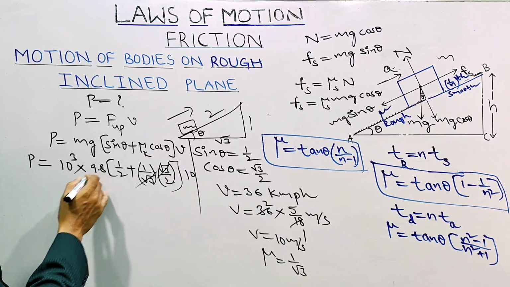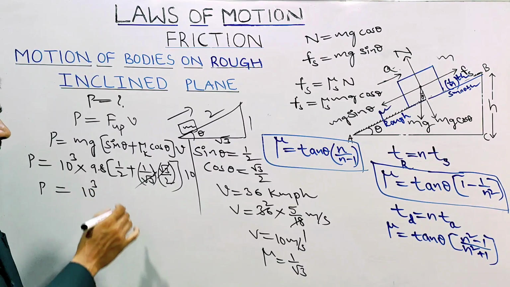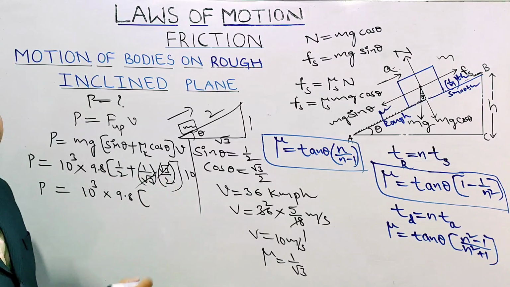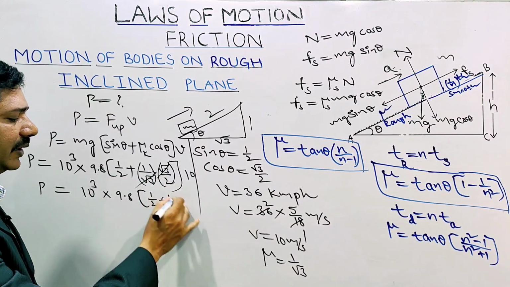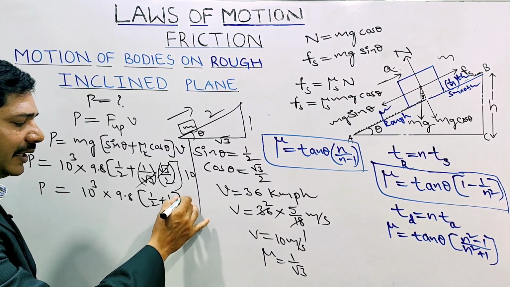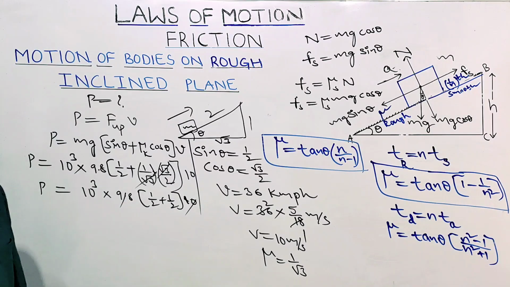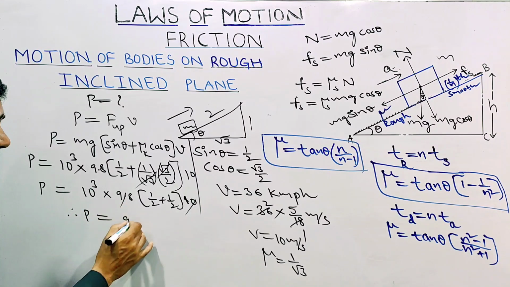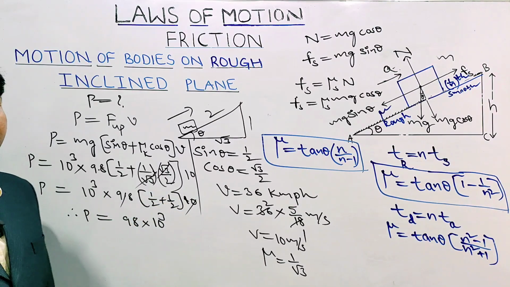So P equal to 10 power 3 into 9.8, into 1 by 2 plus 1 by 2, that is 1 only, into 10 outside. Therefore P equal to 98 into 10 power 3.